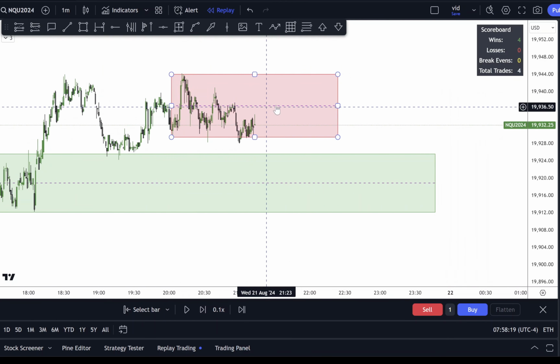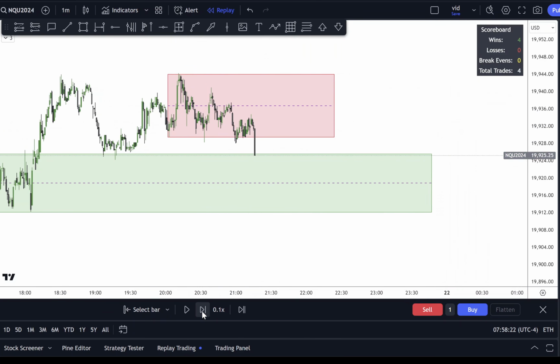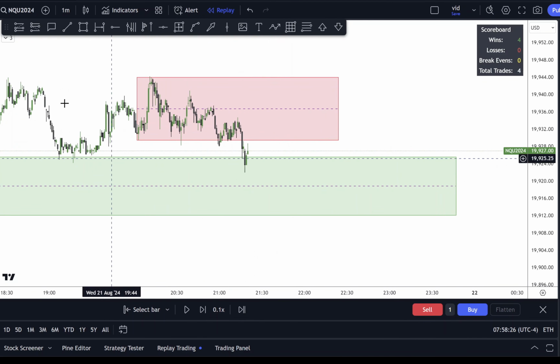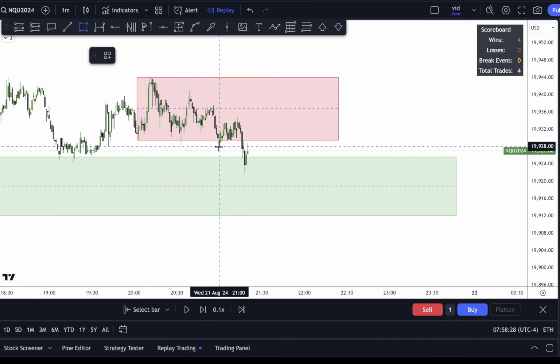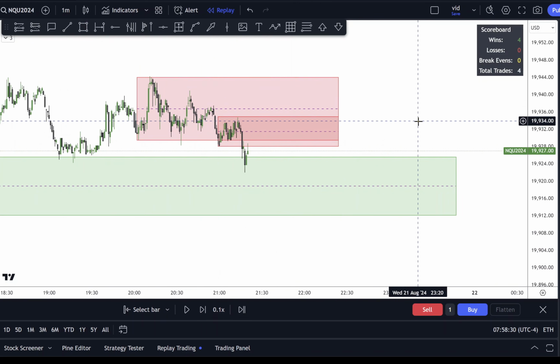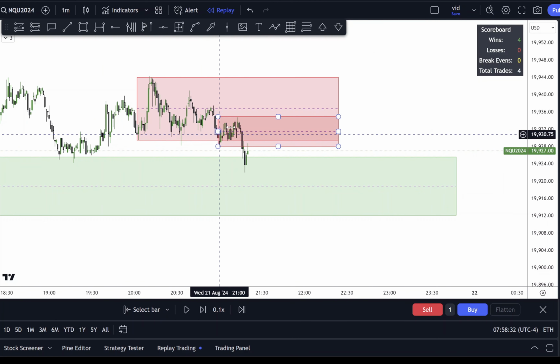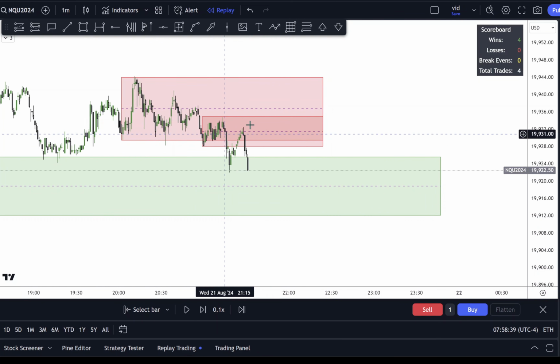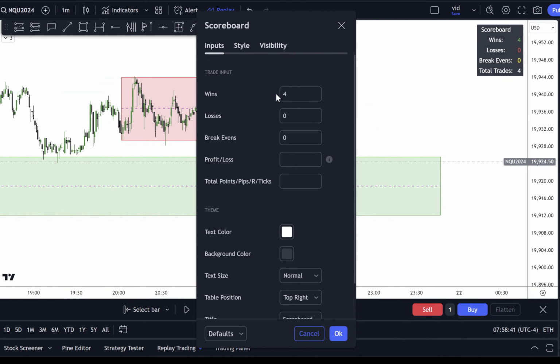A tag in the 50%, and we take the one-to-one again. Okay, so no 50% tag. Okay, but we have now this valid pullback, and then we closed under it, so a new bearish zone, right? So we're taking the one-to-one. Okay, so that's our 5th win.